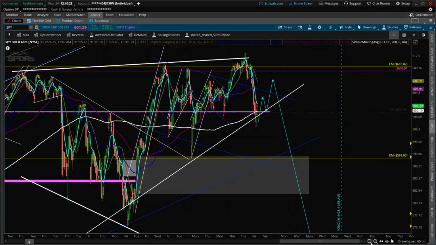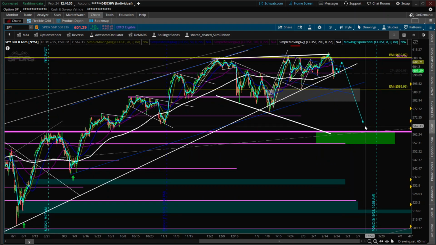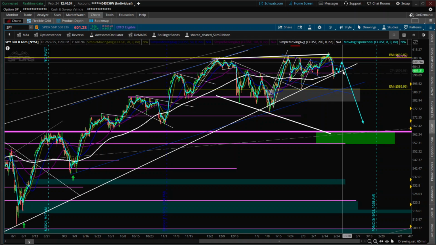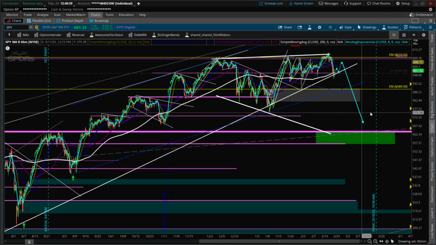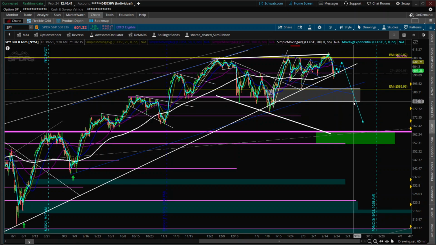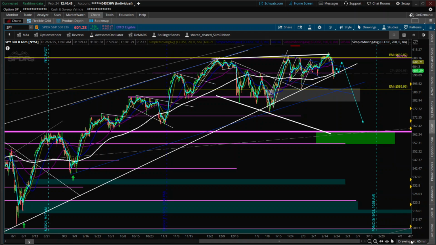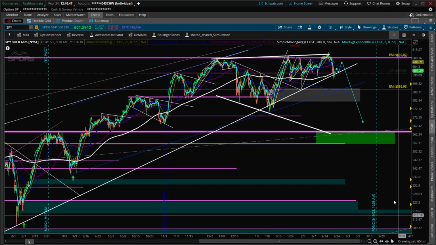Now, at that point, I know we just have one line here, but I do suspect an ABC correction and then a breakdown for a 5-wave move, and then you get wave 4 and then another 5 here. And so we'll be looking for, we can even set up a target here for the next move.